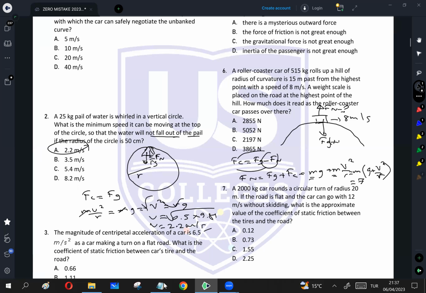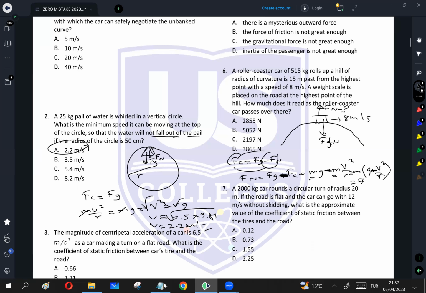So mg, m is 515 times. Pardon, this must be negative, not positive. Because when I transfer Fn to the left, it becomes positive. Fc to the right becomes negative. It is going to be negative, not positive. So m, 515 times bracket 9.81 minus v squared.